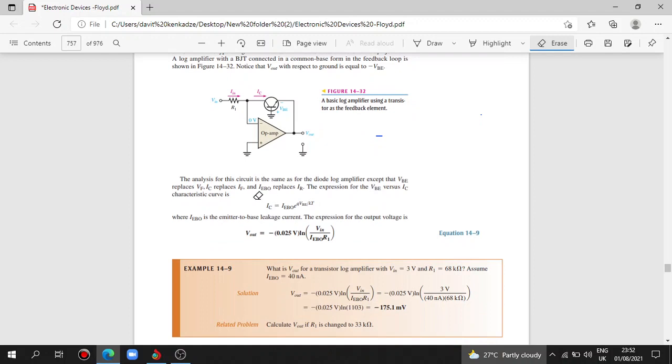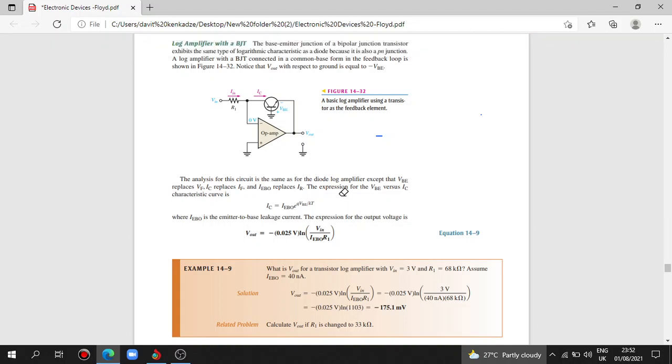The analysis for the circuit is the same as for the diode log amplifier, except that VBE replaces VF, IC replaces IF, and IEBO replaces IR.